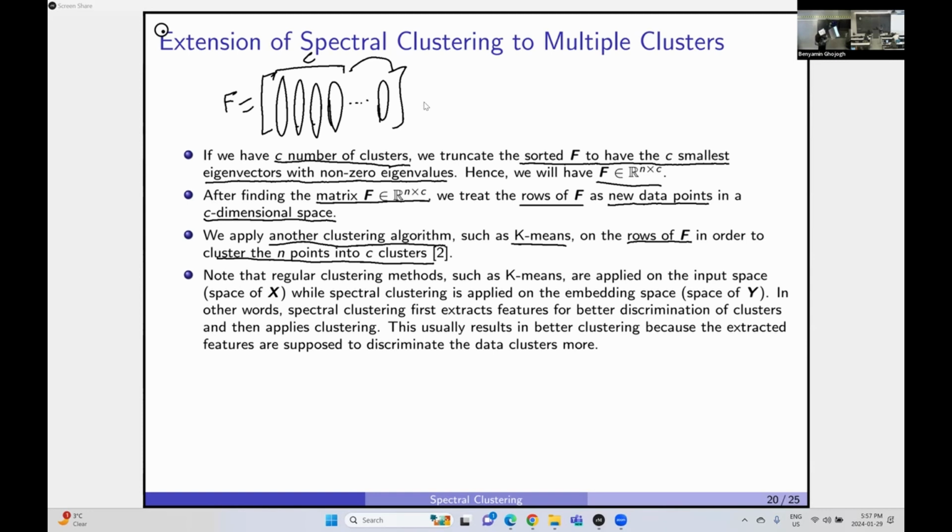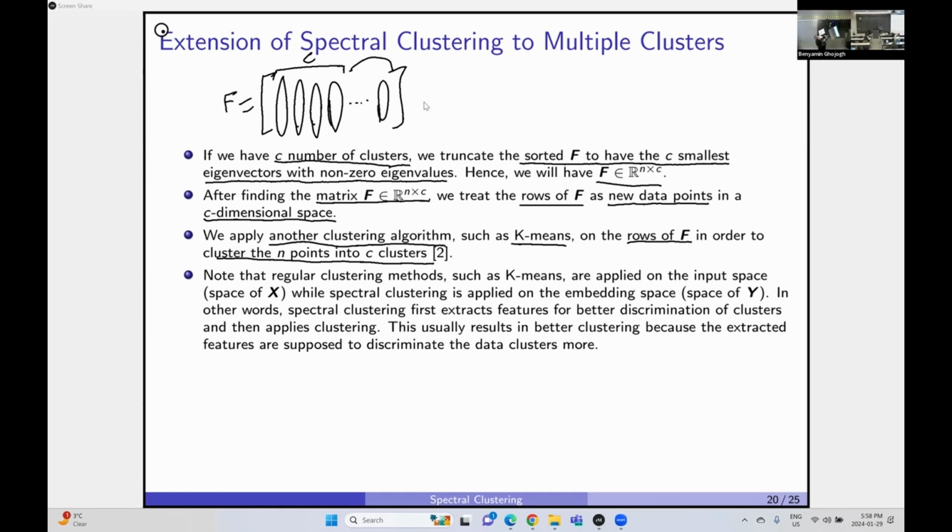Basically, if you apply K-means on the input space, it is a regular K-means. But if you apply spectral clustering and then K-means, it is minimizing the ratio cut. So it projects data onto a subspace where the clusters get further from each other, and get separated better.